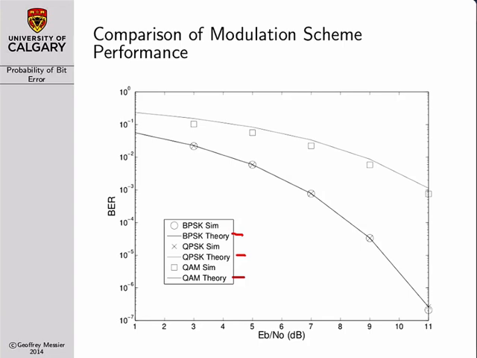And the first thing you'll notice is that the simulated results agree perfectly with the theoretical results, both for BPSK and QPSK. And as we expected from the equations, for a given EB over N naught, let's say 7 dB, we get exactly the same bit error rate, 10 to the minus 3, for both BPSK and QPSK.